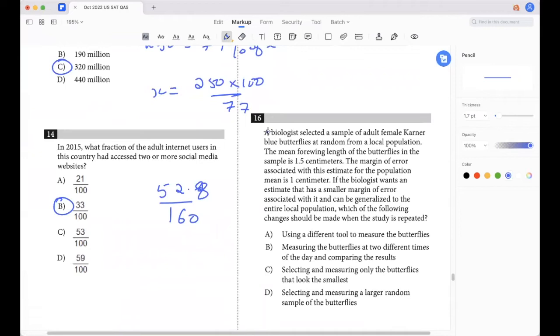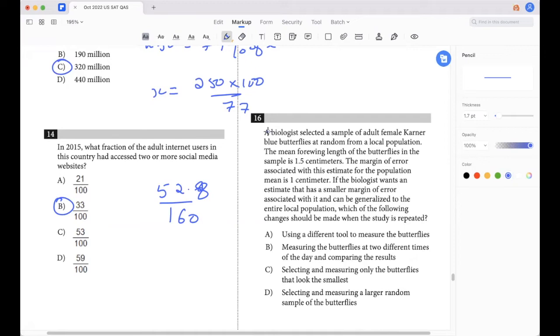A biologist selected a sample of adult female Karner blue butterflies at random from a local population. The mean forewing length of the butterflies was 1.5. The margin of error for this population mean is 1 centimeter. If the biologist wants an estimate that has a smaller margin of error, which of the following changes should be made? So if you want to reduce the margin of error, you should technically increase the sample size.